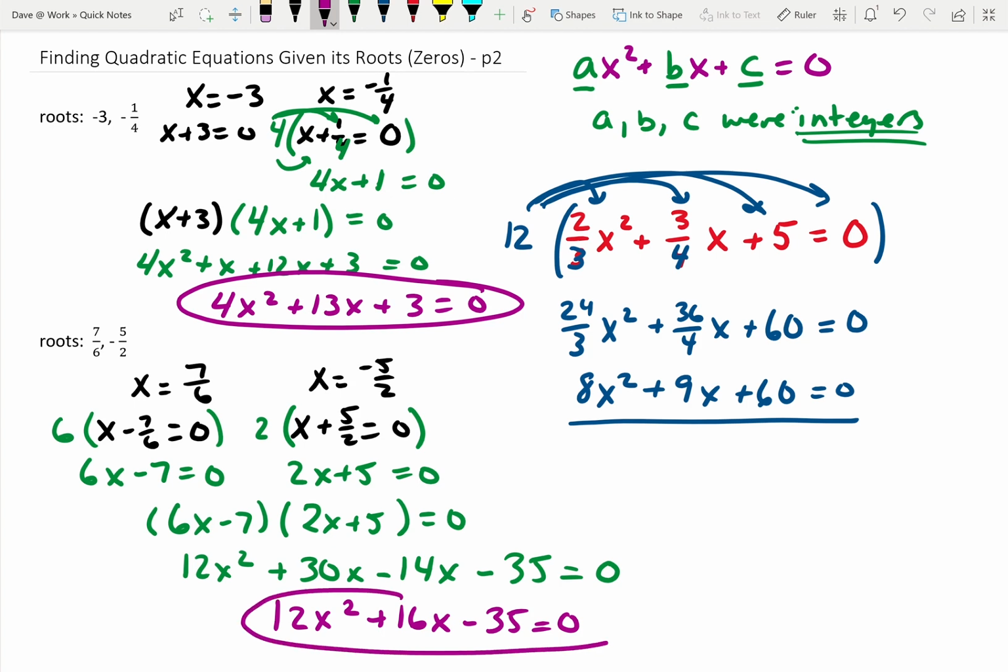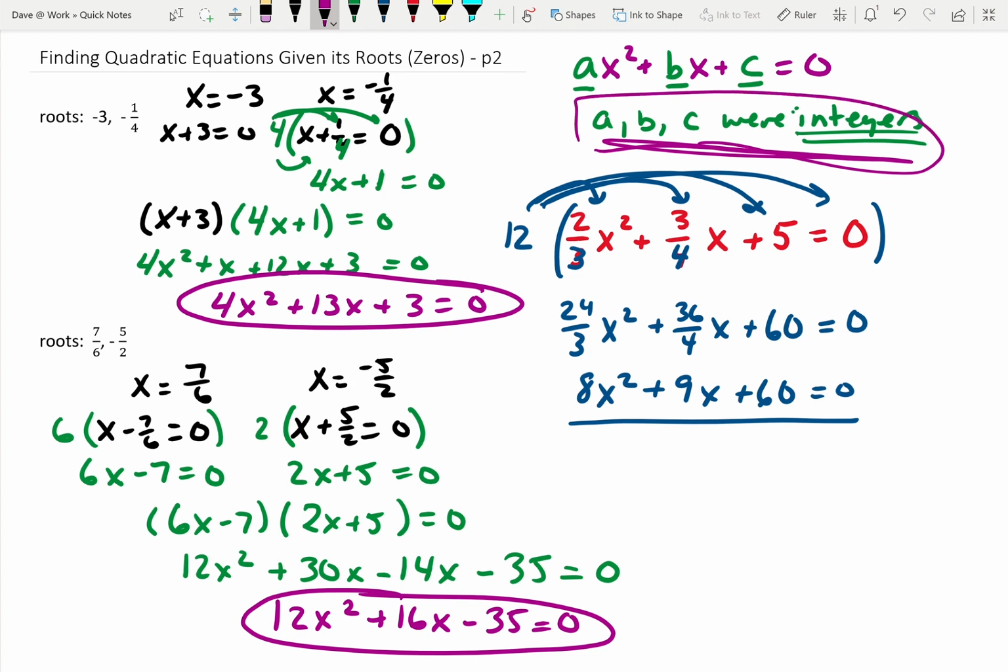So, as you find quadratic equations, we're going to make it the expectation that your a, b, and c are integers. And that's how you would go about doing that.